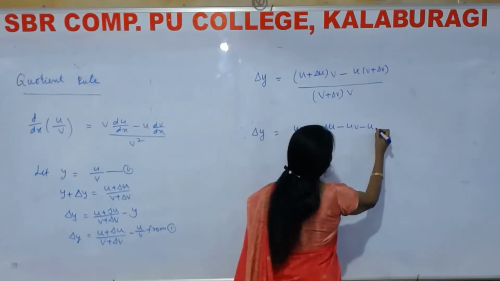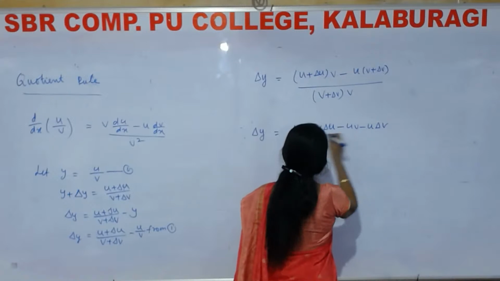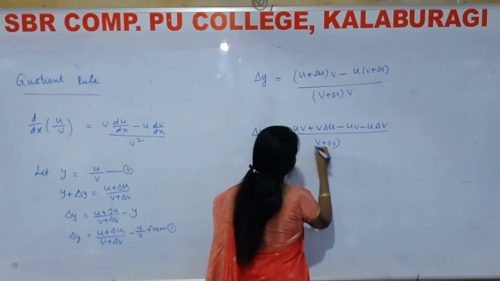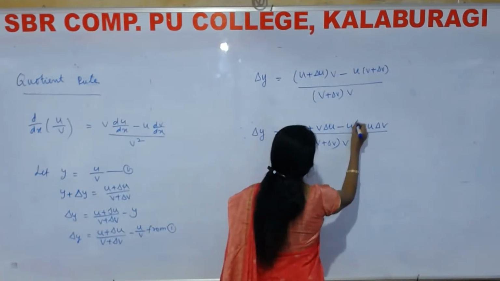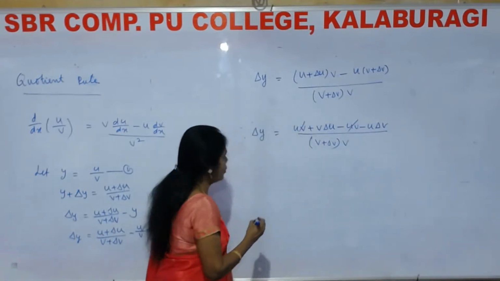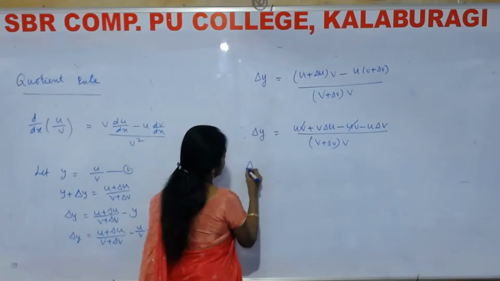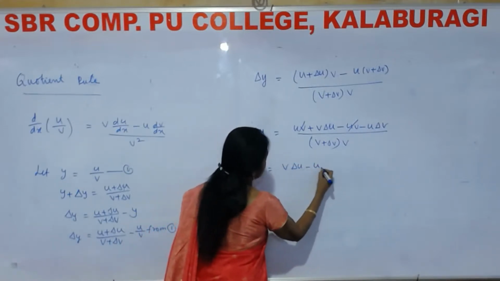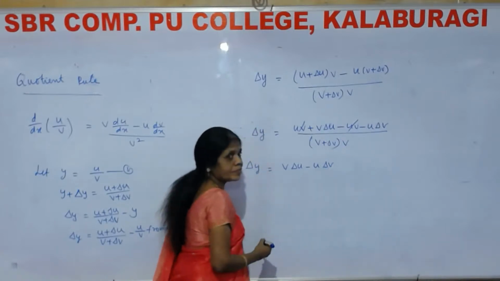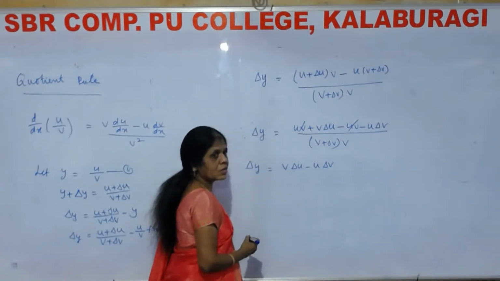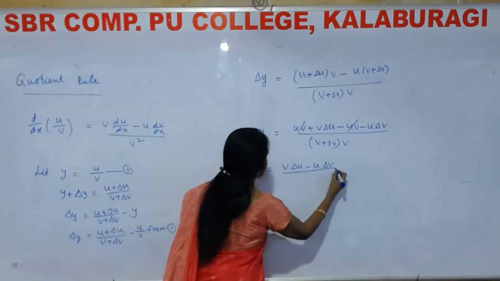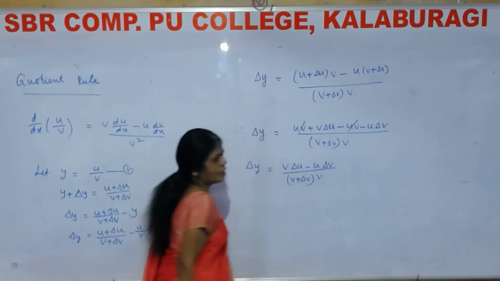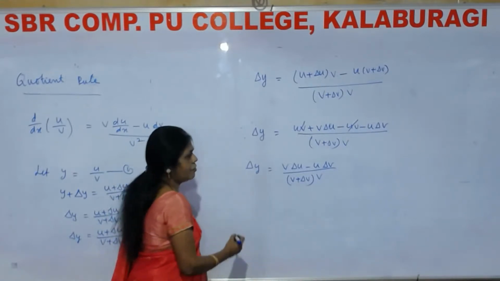Tell me. u delta v divided by v into v plus delta v. Okay, shall we divide?